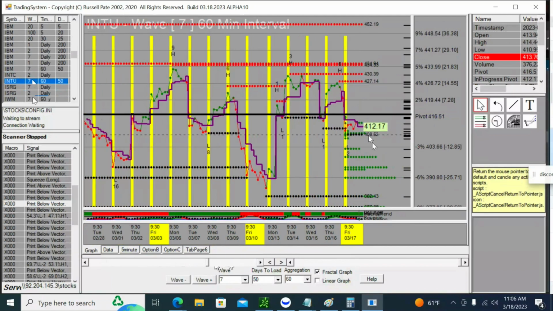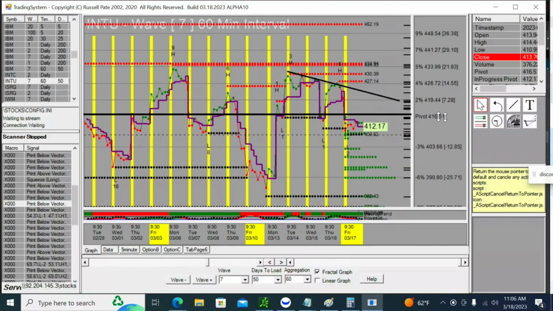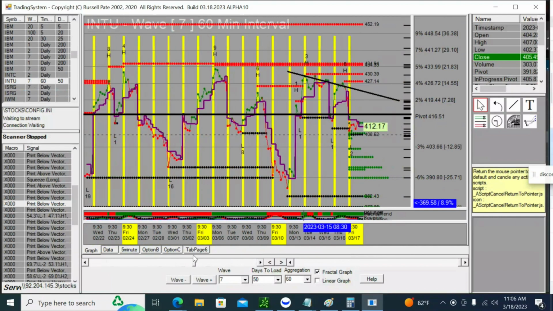So ideally, I would watch this one. I'm not a super big fan of Intuit, but I would watch this one for resistance. Because our dailies overall is going short, that means down here in the lower time frames should probably start to go into a short period.